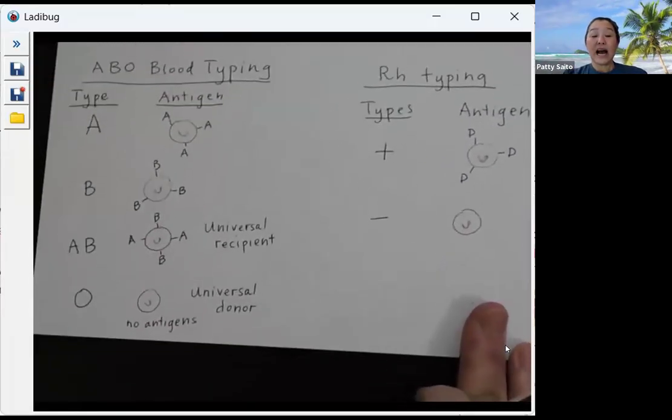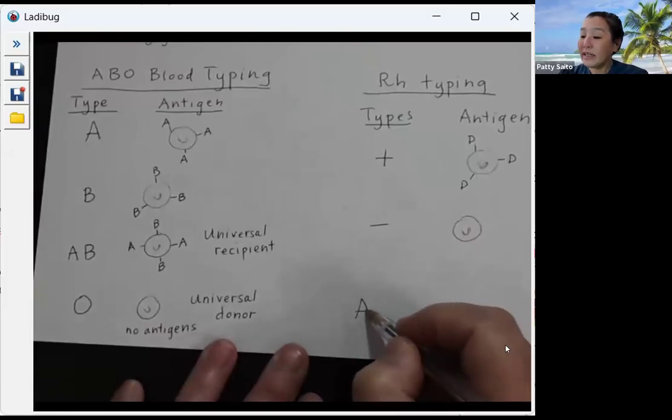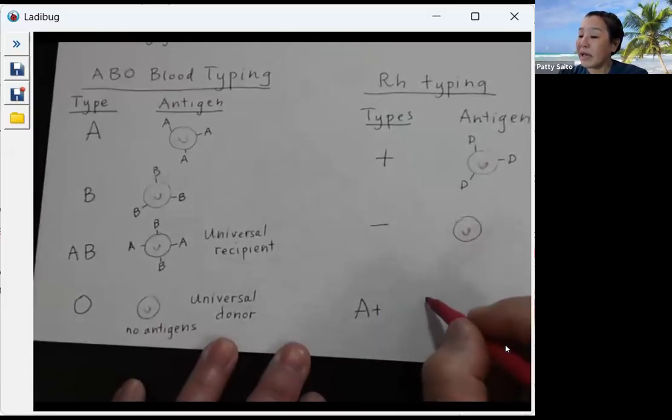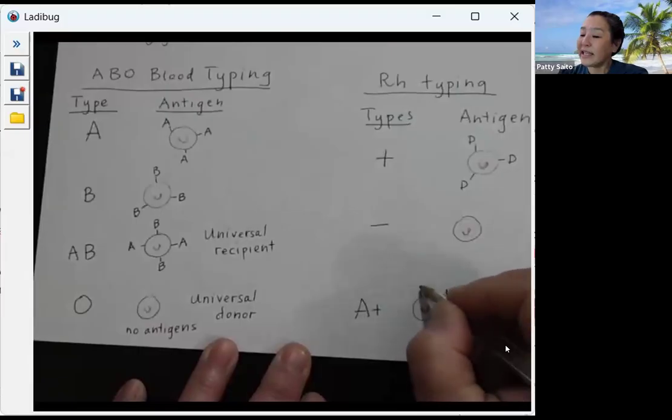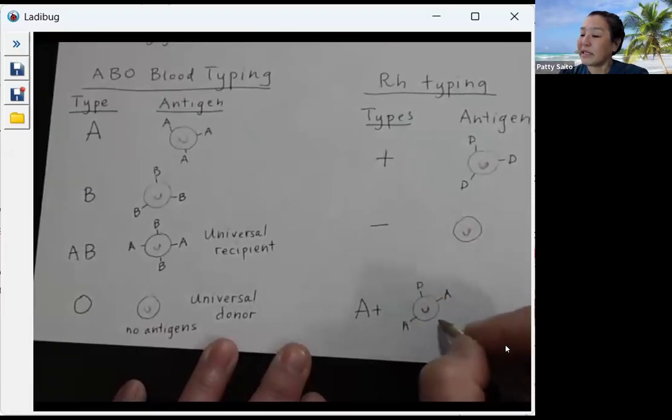So me, I am a positive blood type. That means on my erythrocytes, I have the A antigen and the D antigen. That's what it means.